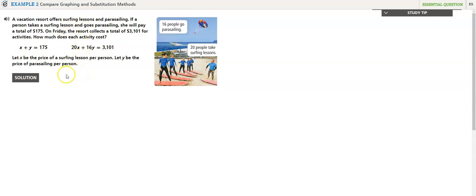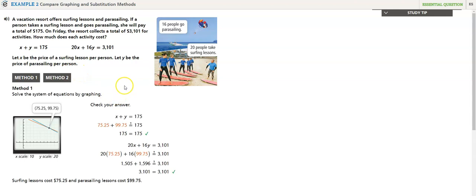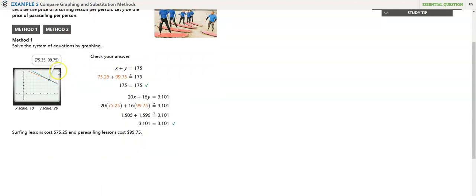Okay. Here are our two methods. From what you can see here, they actually used a graphing calculator to graph these lines, and that's how they got the very precise answers of 75 and 25/100ths and 99 and 75/100ths.